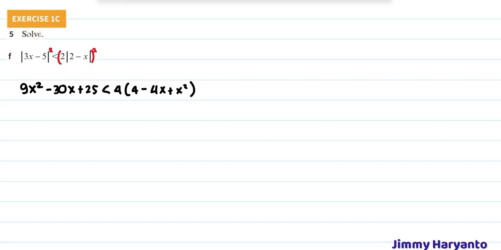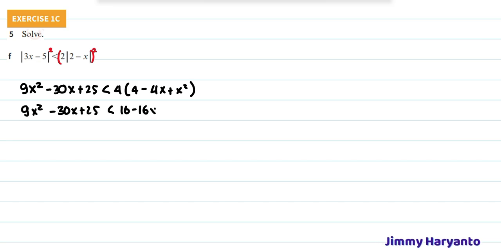Let's multiply the right-hand side first: 16 minus 16x plus 4x squared. Then you move it to the left-hand side. You'll have 9 minus 4 equals 5, negative 30 plus 16 equals negative 14x, and then this one is positive 9, I guess, less than 0.